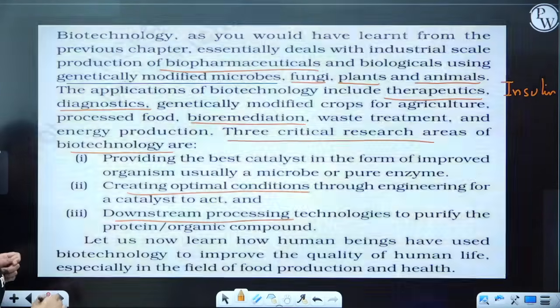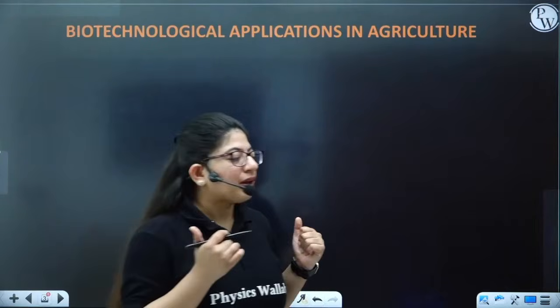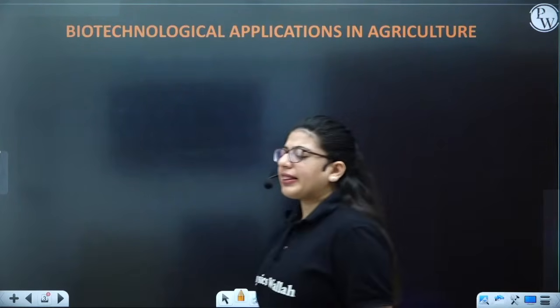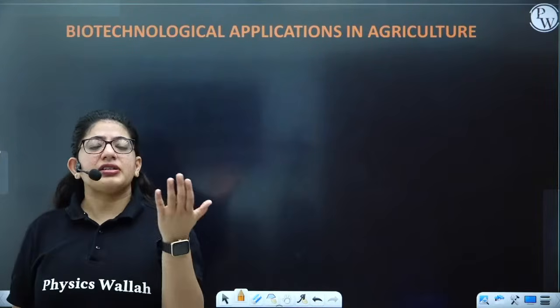So moving further, we'll talk about the applications in agriculture first. If I'm talking about the application in agriculture, what's the need here? Why agriculture? Think. Why is there a need for a lot of biotechnology in agriculture? Very simple question, very simple answer. And that is because population is increasing and so is the need for food supply.